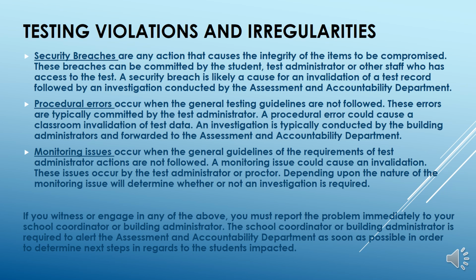There are also procedural errors, which occur when the general testing guidelines are not followed. These errors are typically committed by the test administrator. A procedural error could cause a classroom invalidation of test data. An investigation is typically conducted by the building administrators and forwarded to the Assessment and Accountability Department.